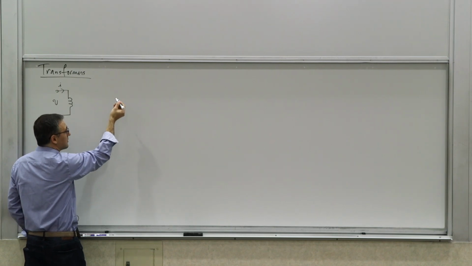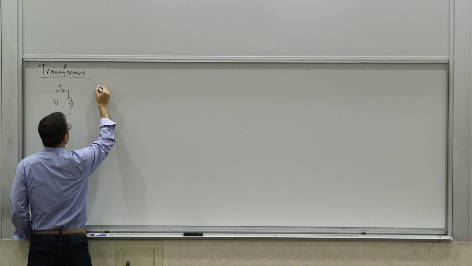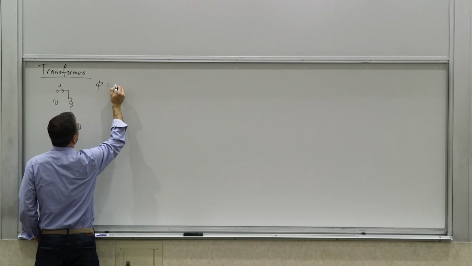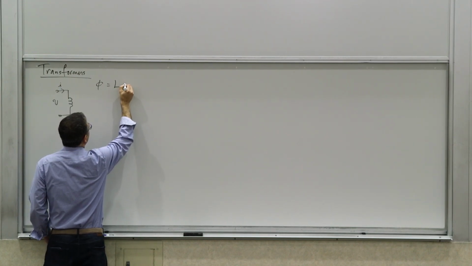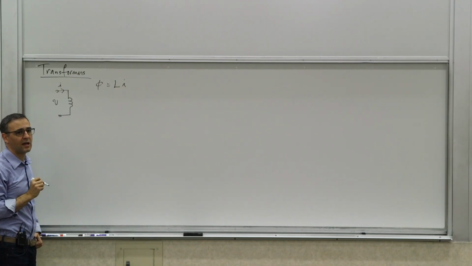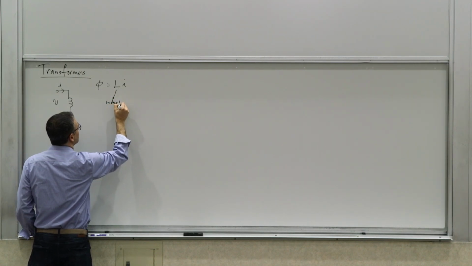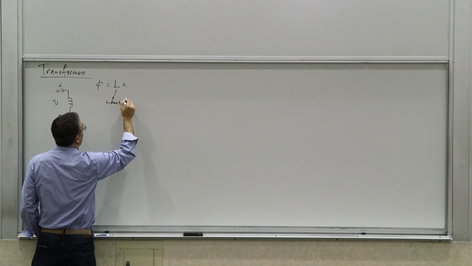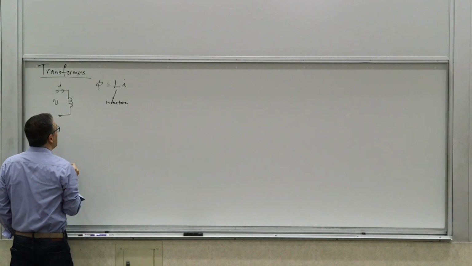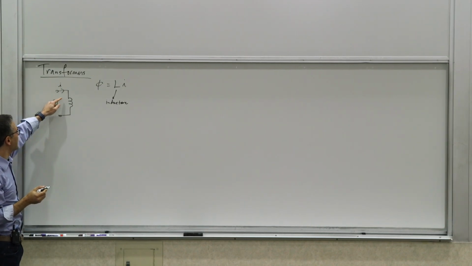But a linear inductor, an LTI inductor more precisely, has its magnetic flux linkage linearly proportional to the current. That proportionality constant is called the inductance.